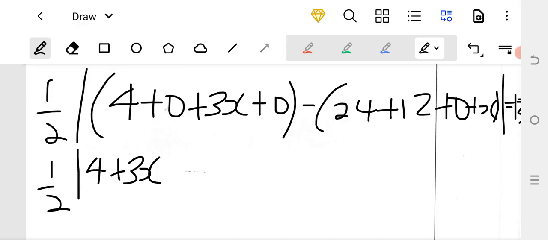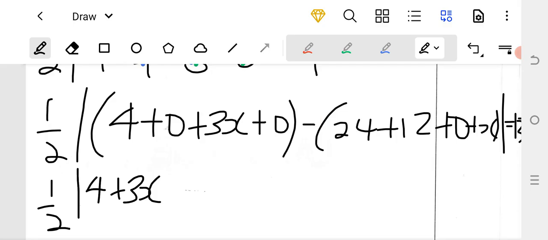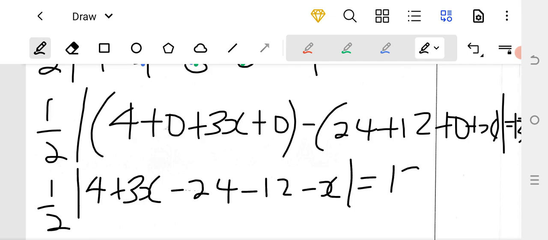Then you distribute this negative sign in this bracket. It's going to be minus 24 minus 12 minus x is equal to 13.